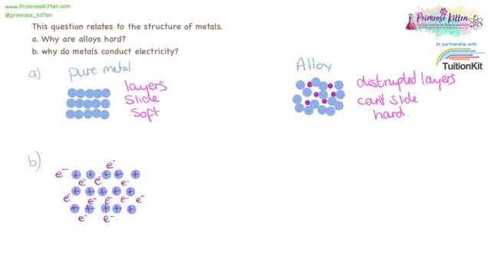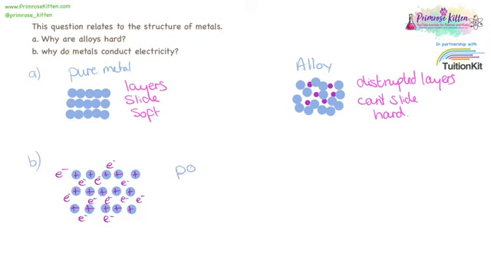Metals can conduct electricity because in a pure metal we have positive atoms in a sea of free delocalized electrons, and if these electrons are able to move, then that is the flow of electricity.